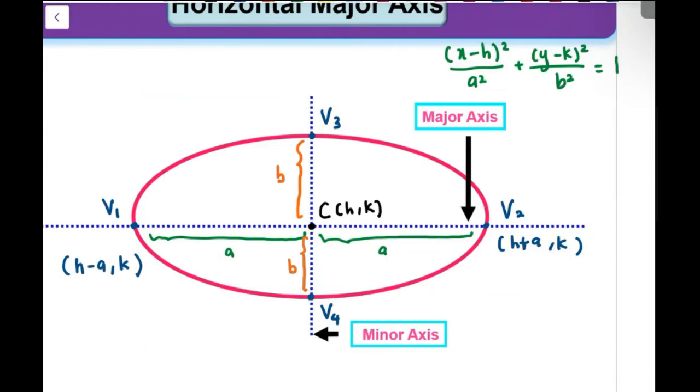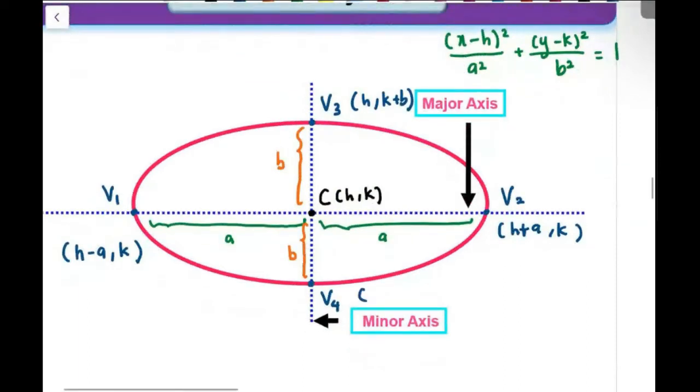Logically, from C to V3, the x coordinate is fixed while the y coordinate changes. X stays fixed, it does not move, and y moves. So the coordinate for V3 is h maintained, and k plus b because it moves upward. For V4, it is the same: h is fixed because x does not move, and for the y coordinate, k minus b because it moves downward from the center.